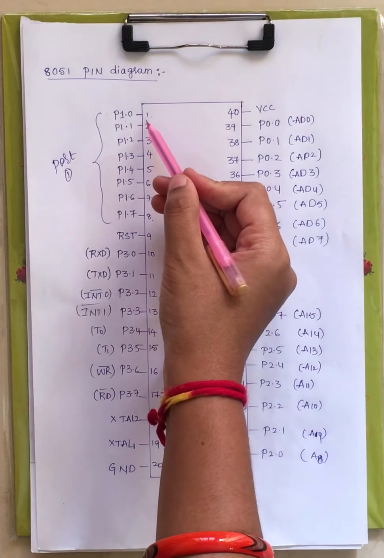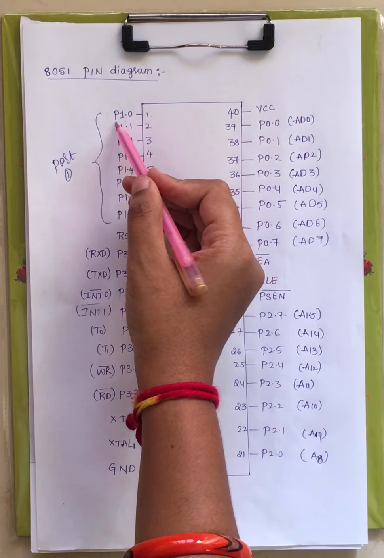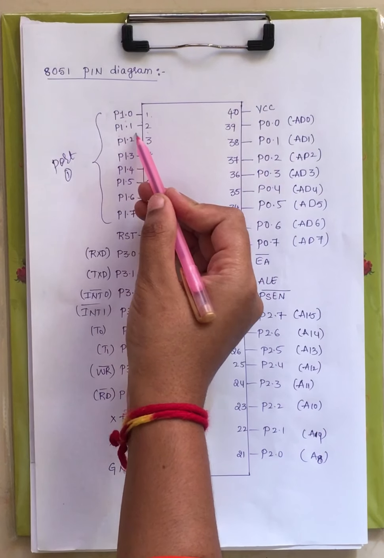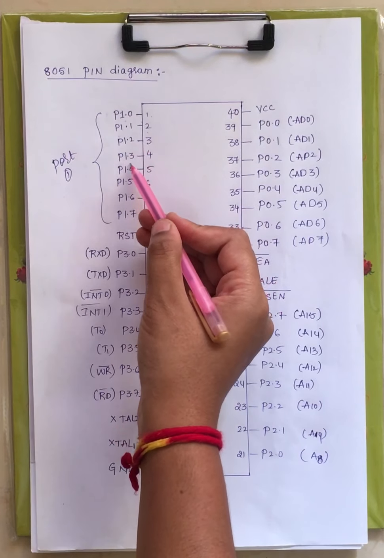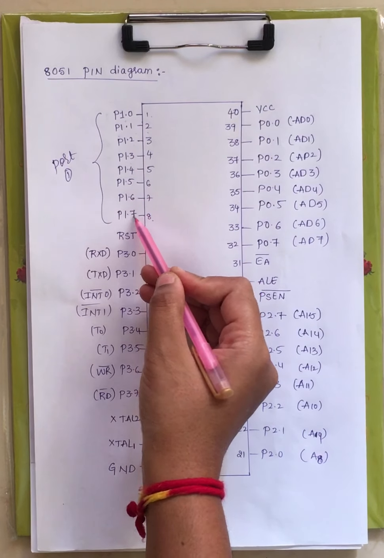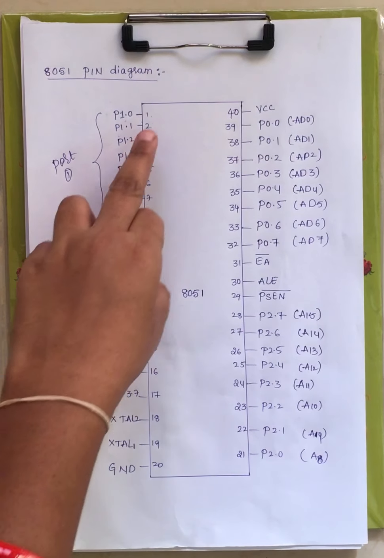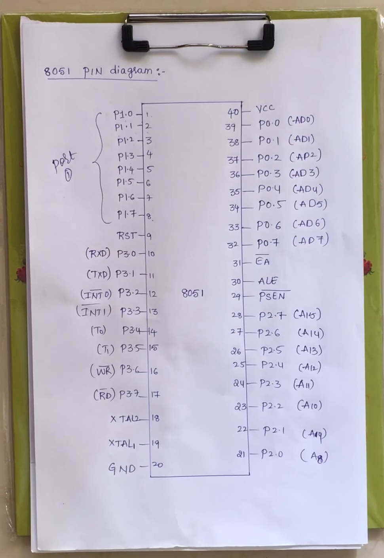Pin number 1 is bit 0 of port 1, pin number 2 is bit 1, then bit 2, 3, 4, 5, 6, 7. These are the port 1 pins, from pin number 1 to pin number 8.